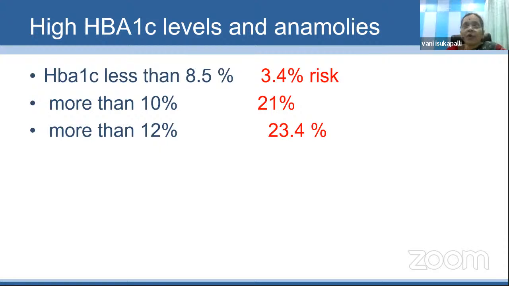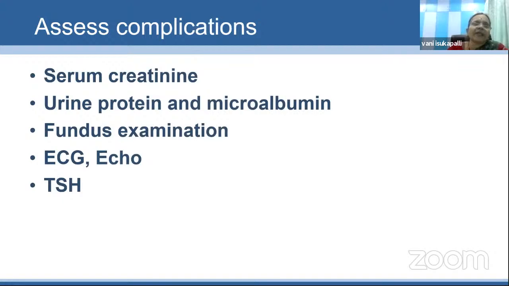But look, if it is more than 12, there is almost a 25% chance of this pregnancy ending up in a malformed fetus. So that will set a guideline for us to see whether the fetus would be having an embryopathy or would be developing normally. So hemoglobin A1C is an important investigation in preconceptional counseling.